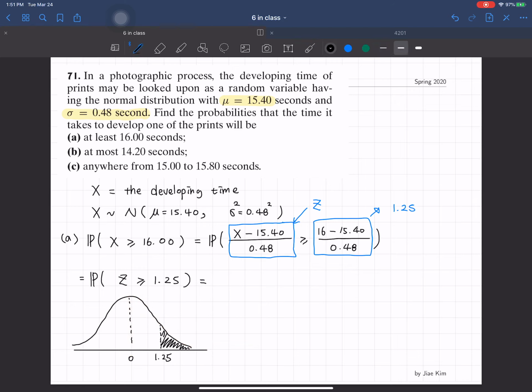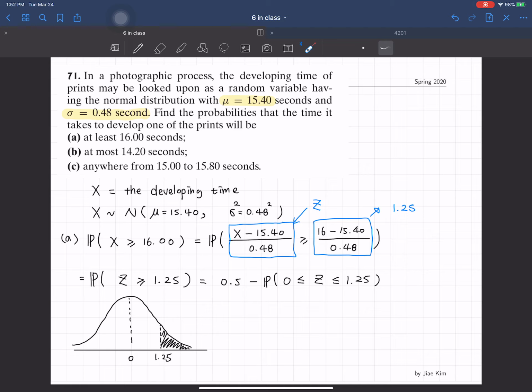So I'm going to get the probability for this entire half, 0.5, and subtract the probability corresponding to this empty part, which is Z being between 0 and 1.25. Why am I doing that?